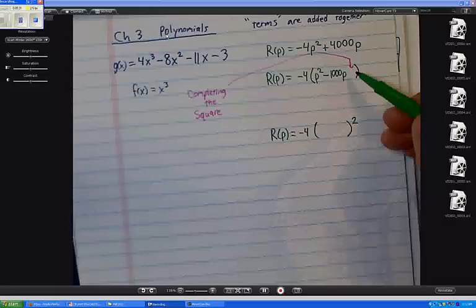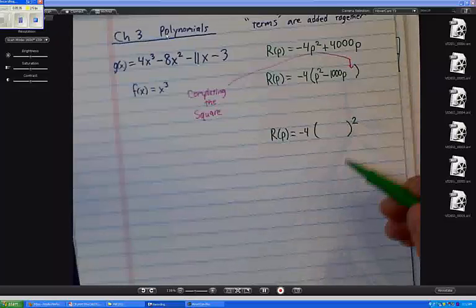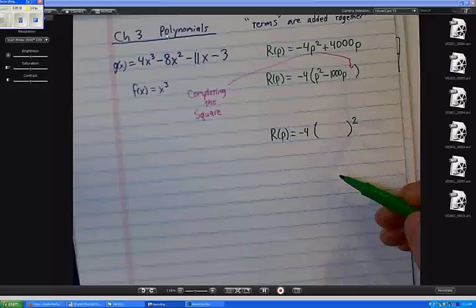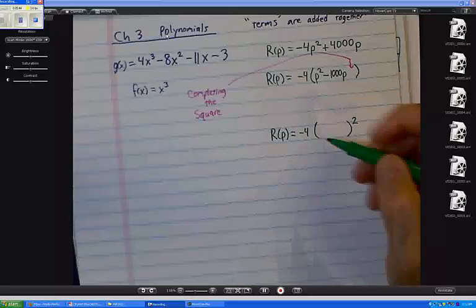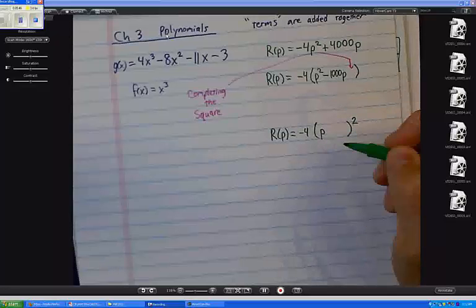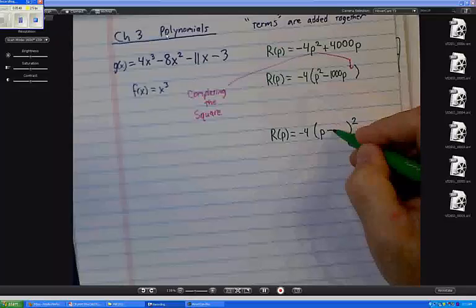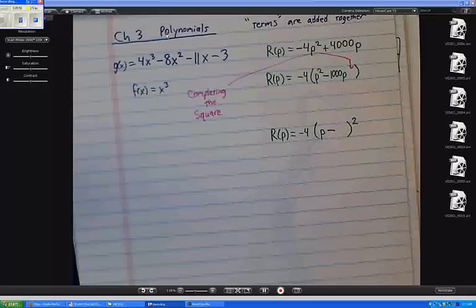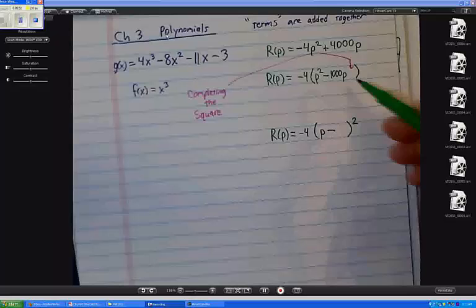When I add something here, I'm going to have a trinomial, and I hope that it factors into what squared? A binomial, that's right. So I know it's going to have to be p, because I got to get p squared there. And I know it's going to have to be minus, and the question is, do you know what I should add?